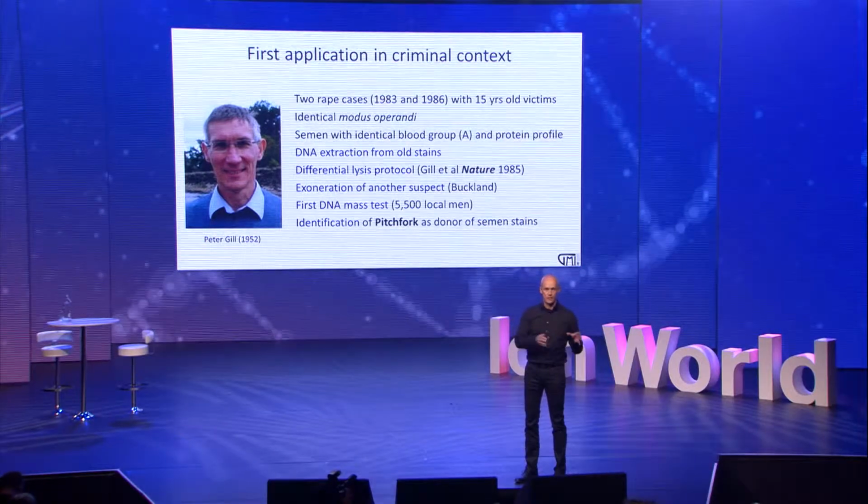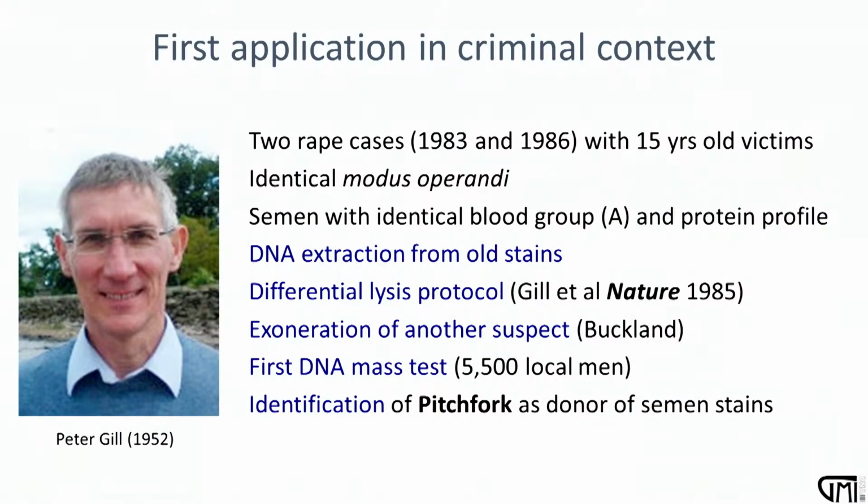So they were able to separate the semen from the remaining cells because they wanted to establish a male profile. There was another suspect who was exonerated when they found out that his DNA profile wouldn't match the one from the crime, from the semen. And in the search for the true perpetrator, they were performing a mass test, which means they were inviting more than 5,000 volunteers to donate a sample, type those individuals, and they didn't find any match to the semen stain.